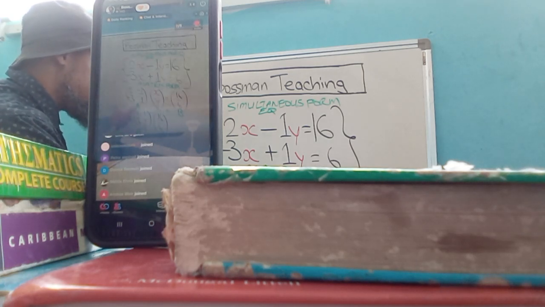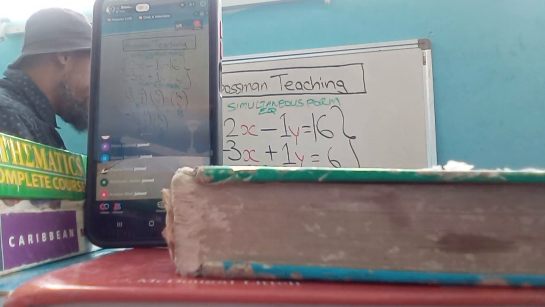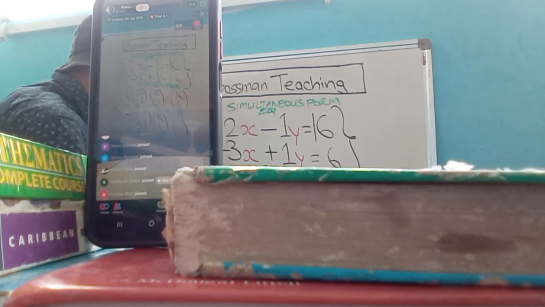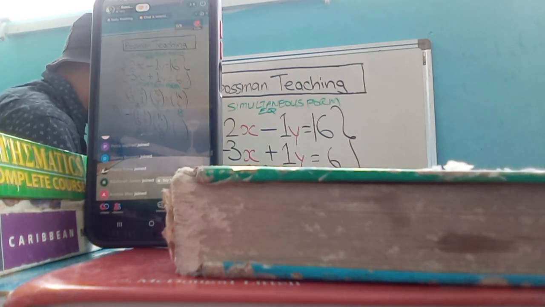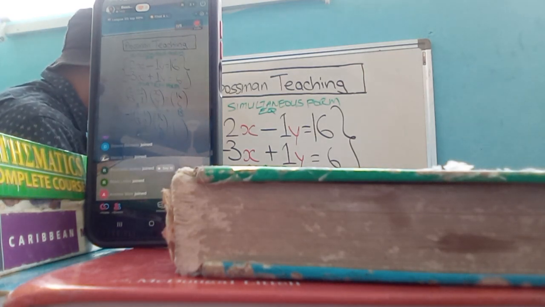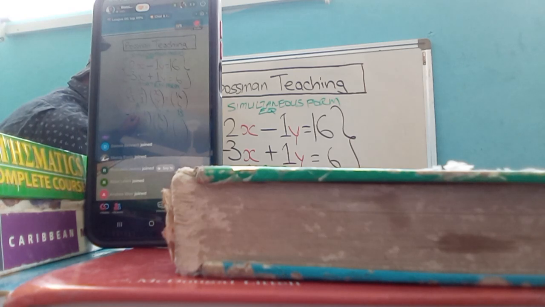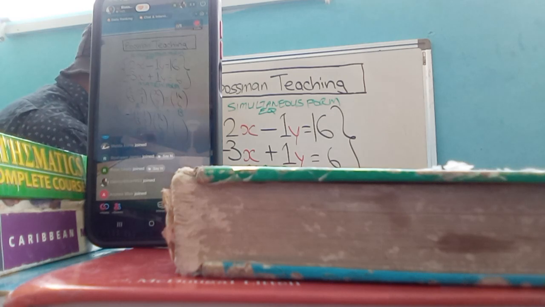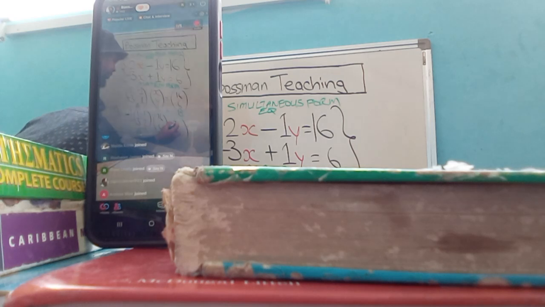16 times 1, 16. 16 plus 6, 22. So the top is 22. What's the other one? 16 times 3, 48, plus 12, that's 60.